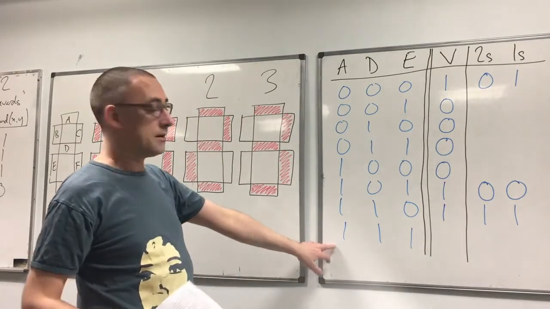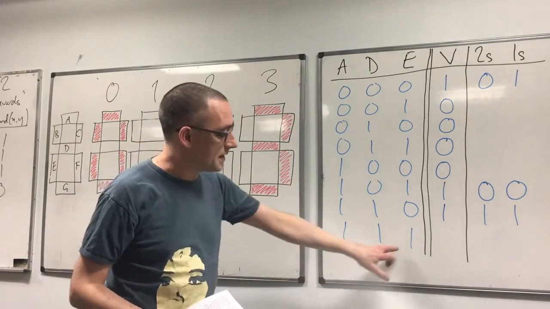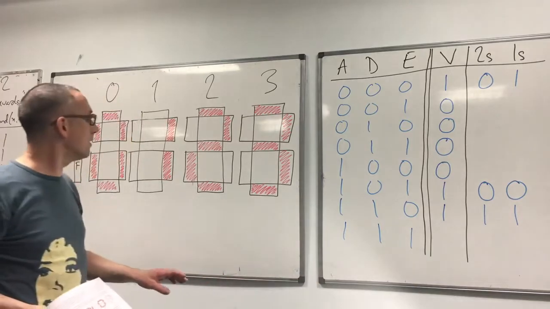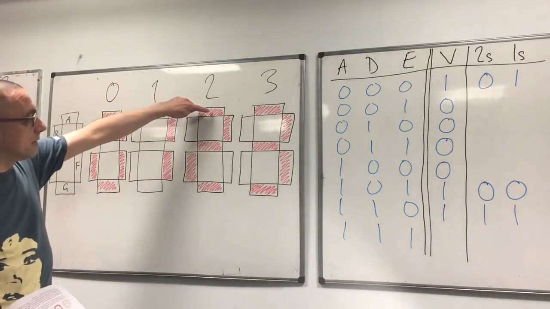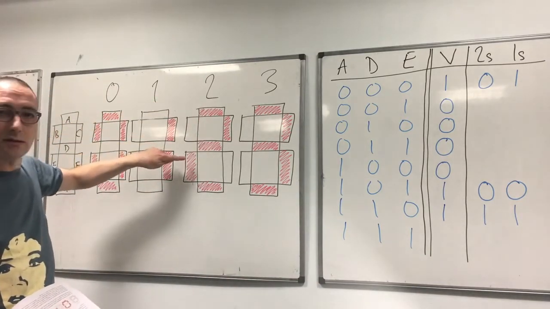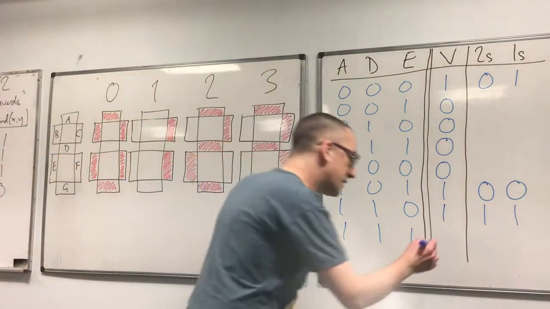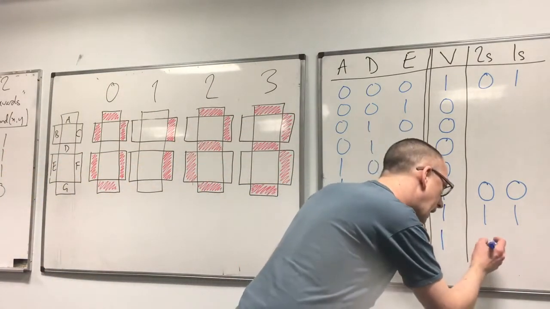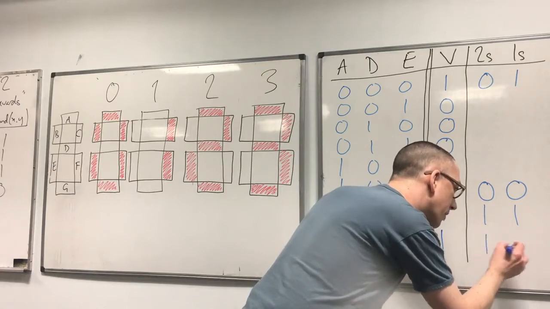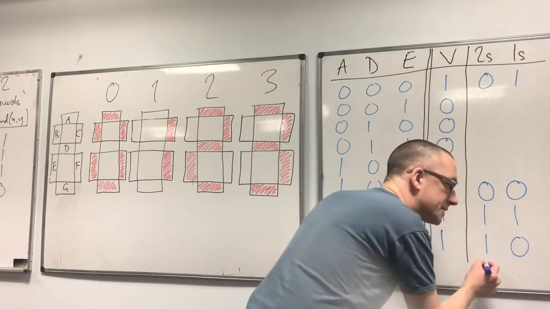And finally, the combination where A, D, and E are all switched on matches number 2, A, D, and E. So again, it's a valid number, and the number that it represents is 2.